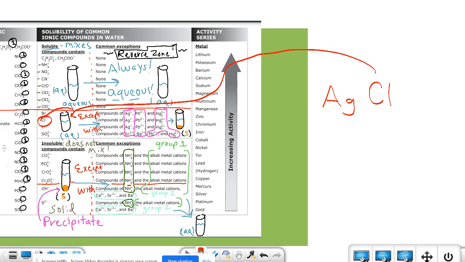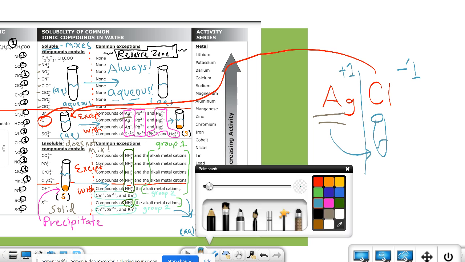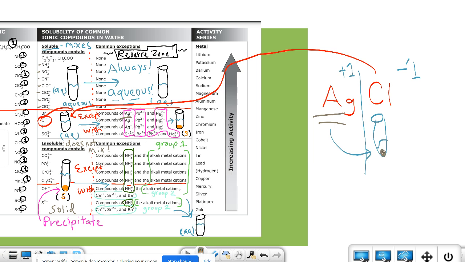However, you have to look at the exception list. Do I see AG in the list? I do, so that flips it. While chloride would like to be aqueous, silver, which is a plus one, flips it. Instead of AQ, it's going to become a solid.